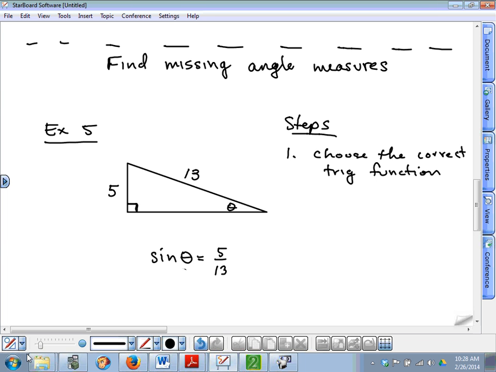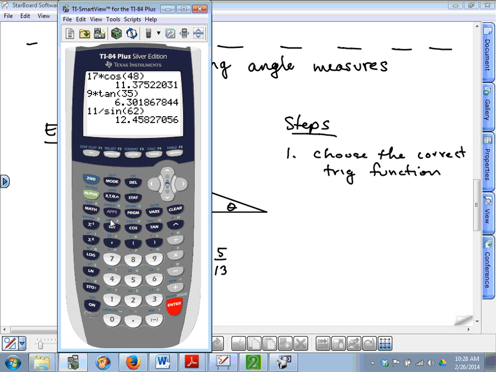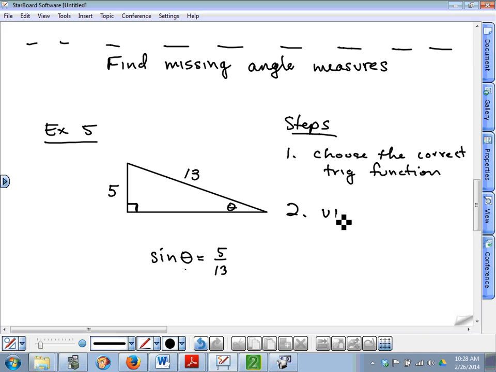Do you see where it says sine to the -1? Yes. That's the opposite of sine. If you want to get rid of a sine function, you have to use that sine to the -1. So Step 2 is to use the inverse trig function.